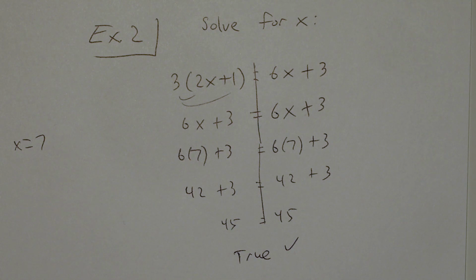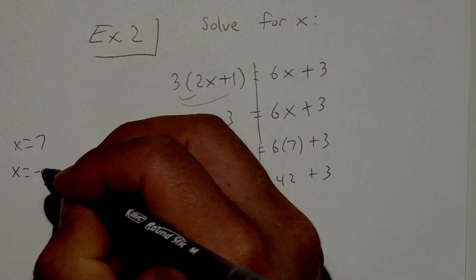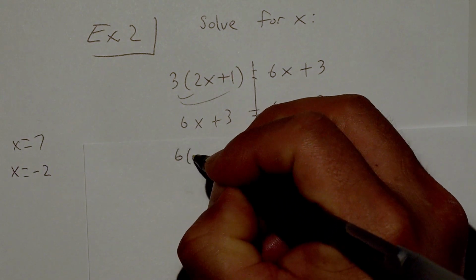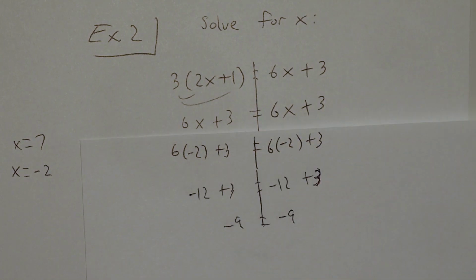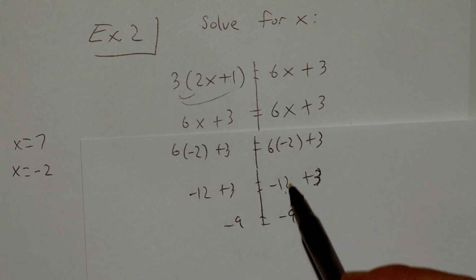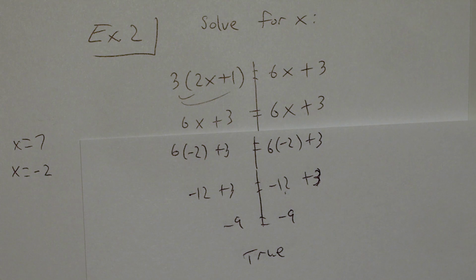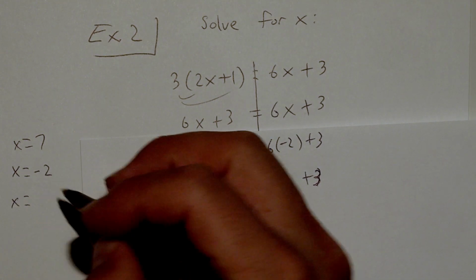Let's check another one. Let's say that we had x is equal to -2. Look at that. Another true statement, right? We're replacing x with -2, and we get another true statement. Let's make up another one. Let's say x were equal to, I don't know, 4.